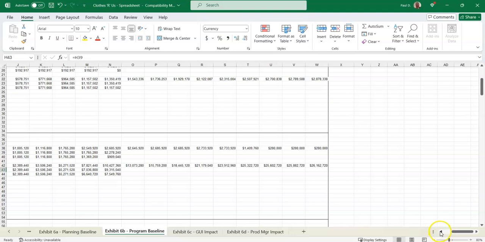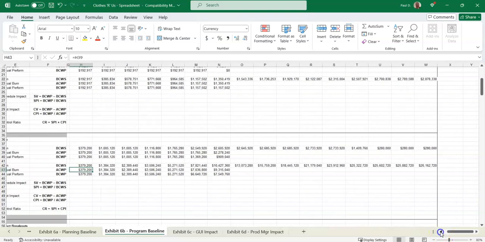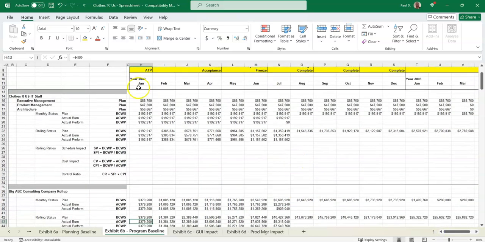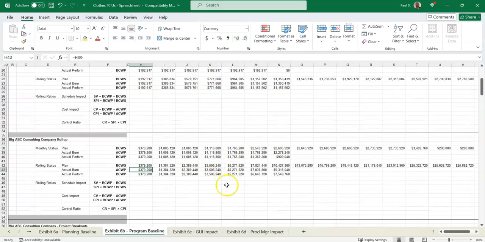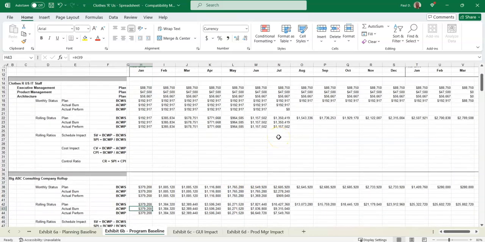So that's the consulting portion of this project. The total budget for the program is going to be a roll-up of the Close R Us IT staff and the big ABC consulting company. And there may be material involved too, which would give you a budget at completion total of material and labor, if you needed to calculate that.